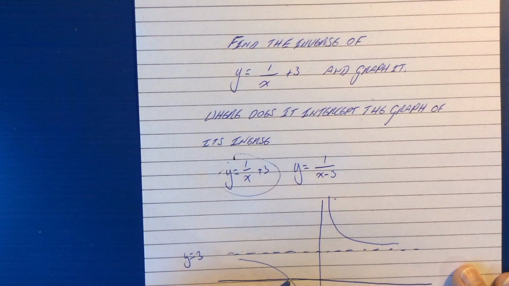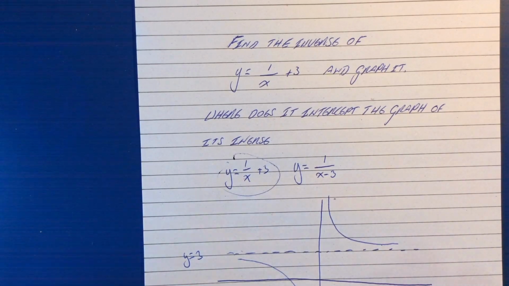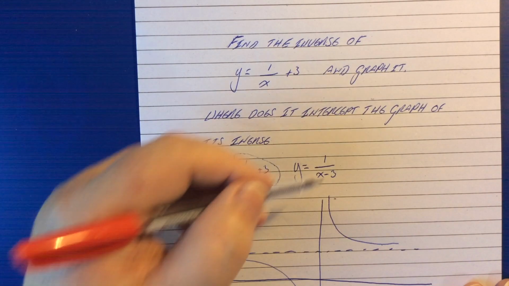So it has an x-intercept. We're not interested in the x-intercept. What we're interested in is where this intercepts the graph of this, and we can draw it. It's very easy to draw.